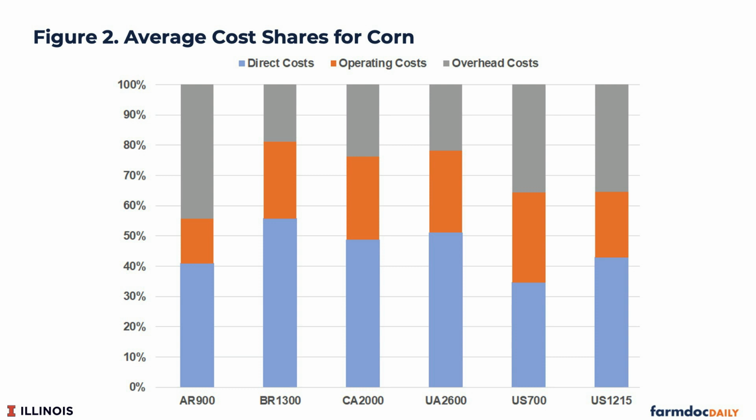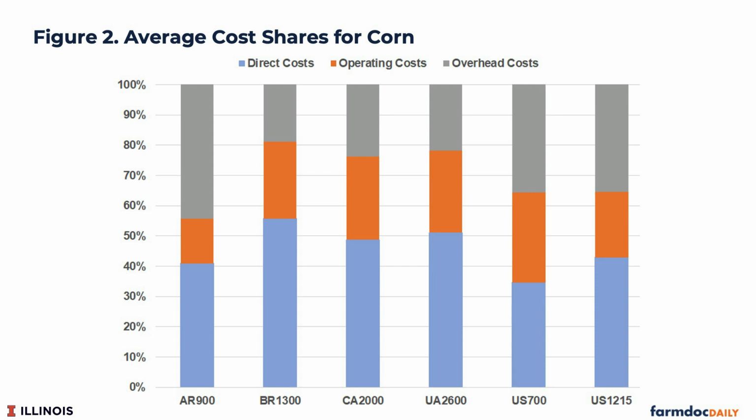Direct costs included seed, fertilizer, crop protection, crop insurance, and interest on these cost items. Operating cost included labor, machinery depreciation and interest, fuel, and repairs. Overhead cost included land, building depreciation and interest, property taxes, general insurance, and miscellaneous cost. The average input cost shares were 45.7% for direct cost, 24.4% for operating cost, and 29.9% for overhead cost.